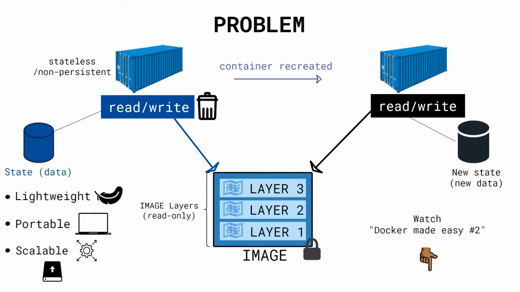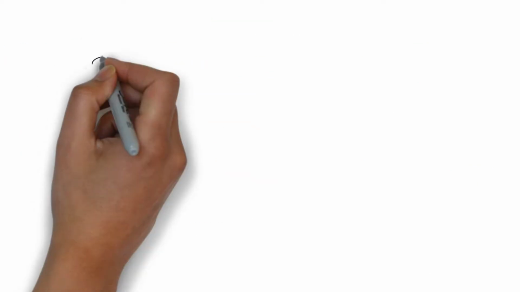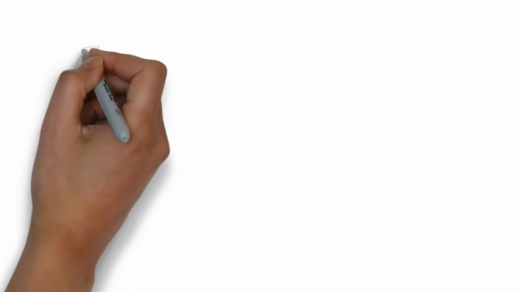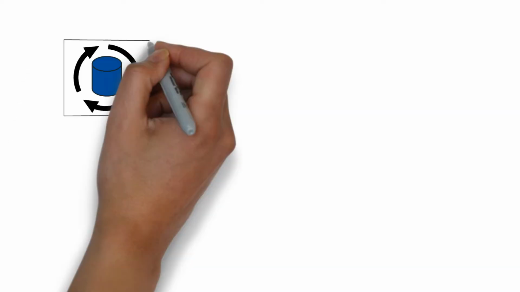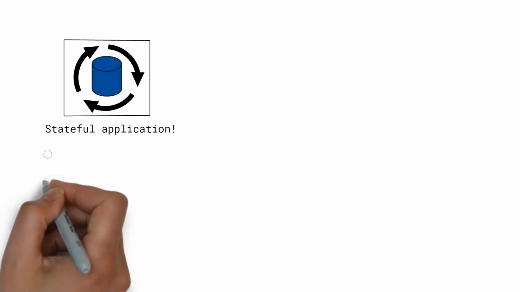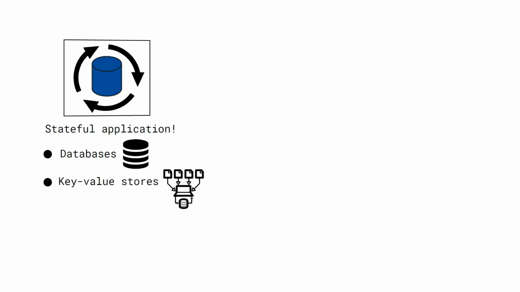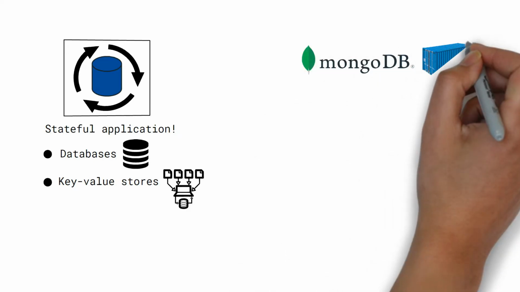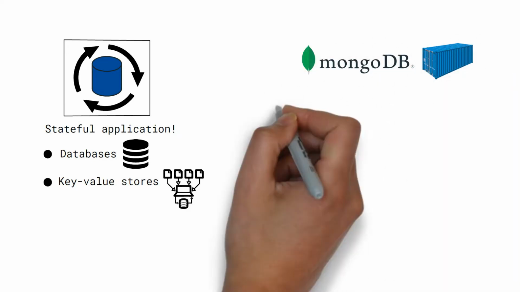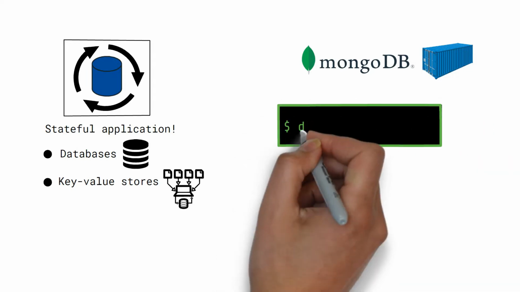But what if we are interested in keeping the container's data beyond its life cycle, like in a stateful application? The classic examples are databases or key value stores. Suppose we need a MongoDB database for our application, so we run a Mongo container like this.